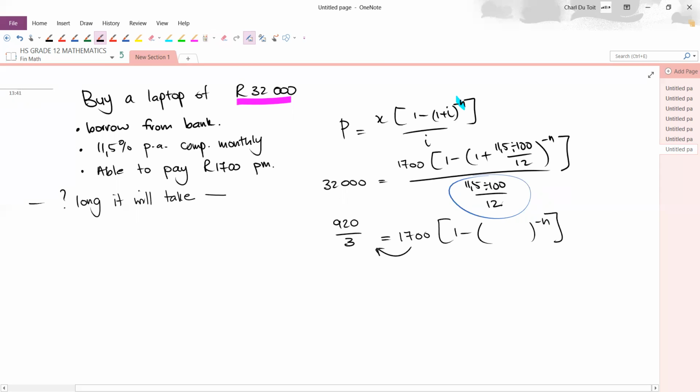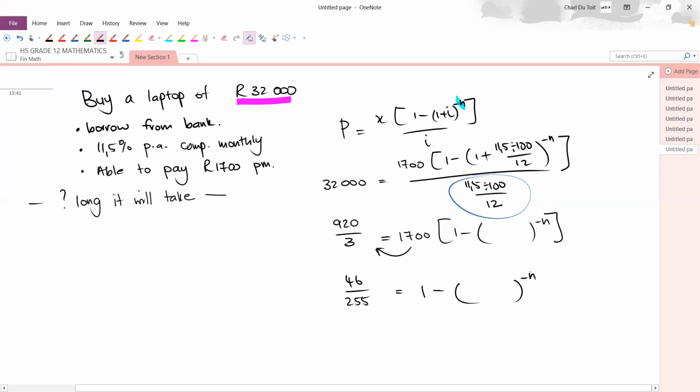So I've got that value in my calculator. I'm just going to divide the 1,700. And that gives me 46 over 255. And now that means I can take this big square brackets away. And what remains is 1 minus a bracket in which I'm going to do a calculation now.